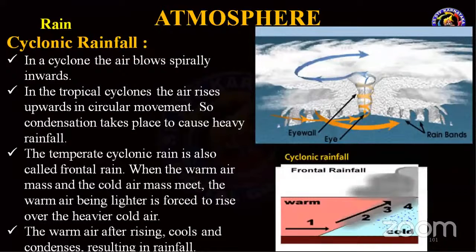And whenever it rises up here, it may get cold and cause rainfall. The warm air after rising cools and condenses, resulting in rainfall. Due to that, rainfall happens here. This is the third type of rainfall here.